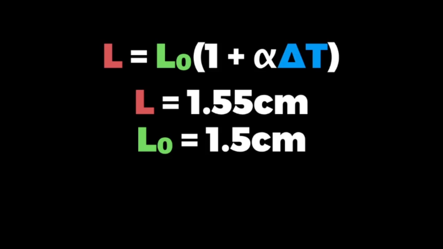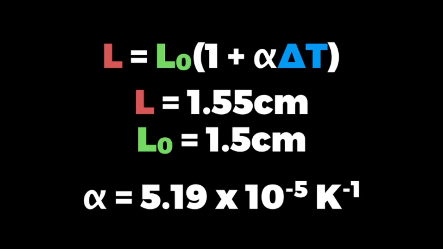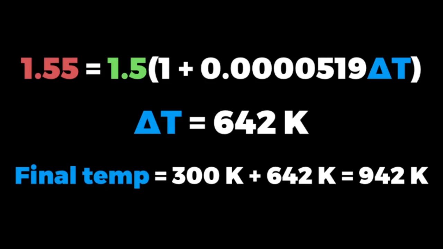We also look up the linear expansion coefficient for stainless steel, which is 5.19 times 10 to the negative 5 inverse Kelvin. Plugging all of these values into the equation, we can find that delta T is equal to 642 Kelvin, meaning that the final temperature is equal to the initial temperature, room temperature 300 Kelvin, plus 642 Kelvin, which is equal to 942 Kelvin, which is the final answer.